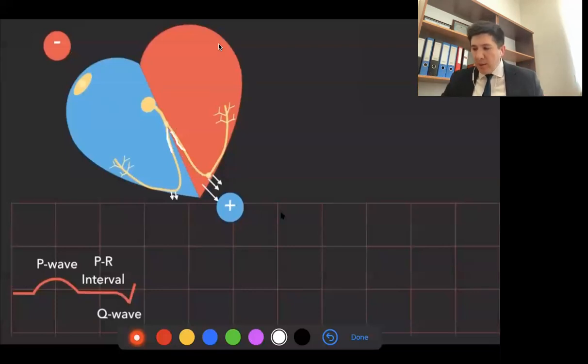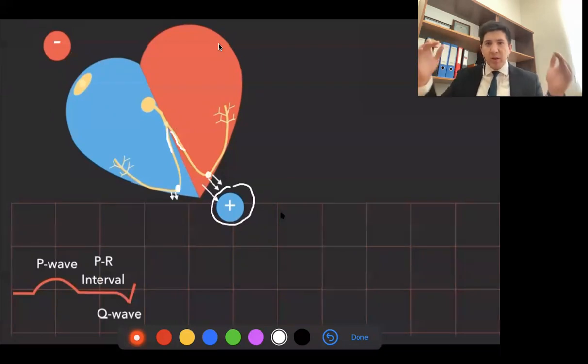But now, once the signal is here, you've got all of this depolarization direction, moving towards the plus. And if you look at the mean vector, I'm just going to add all of these vectors geometrically. Do you remember we've learned about the addition of vectors geometrically?